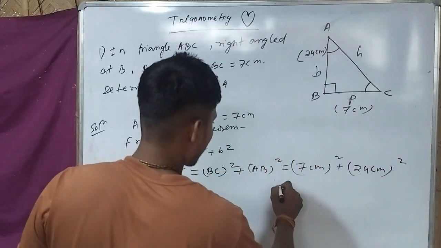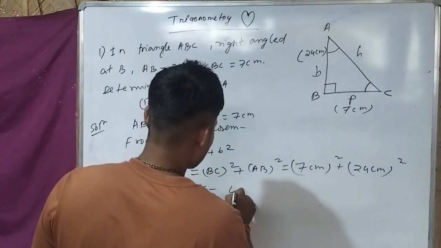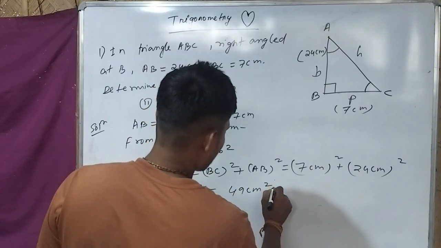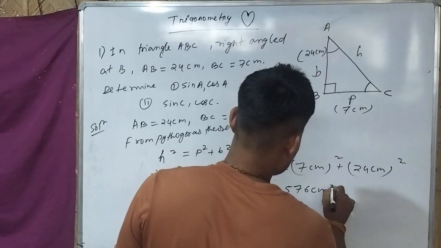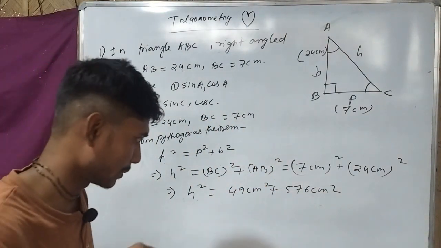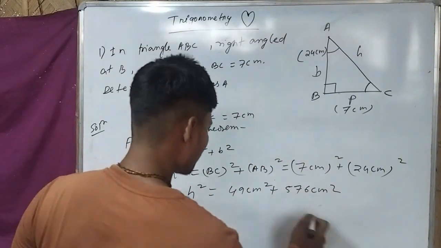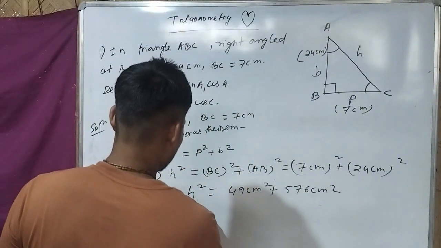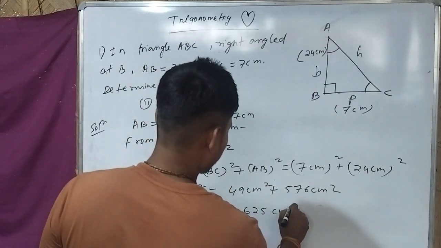So h square equals 49 centimeter square plus 576 centimeter square. 7 square is 49, and 24 square is 576. If we add it, we get 625 centimeter square.